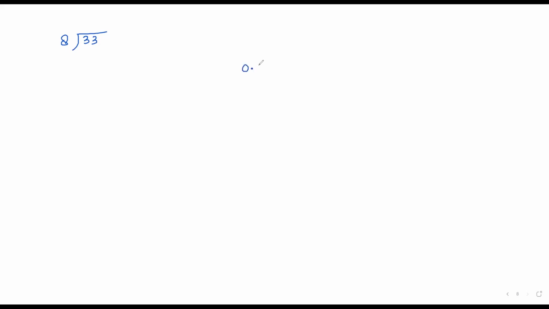Jaslyn, your answer is 0.004. Now, see here, 33 is a large number, right? It can be broken into pieces of 8. 8 plus 8 is 16, then 16 plus 8 becomes 24.